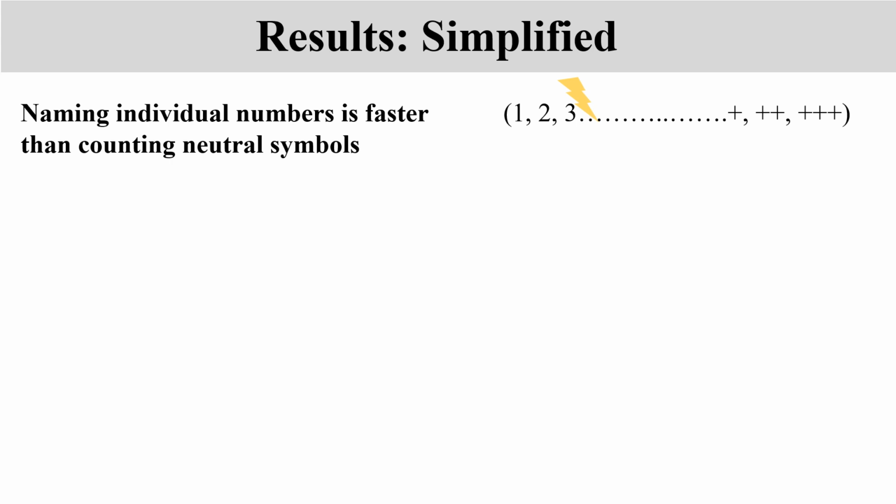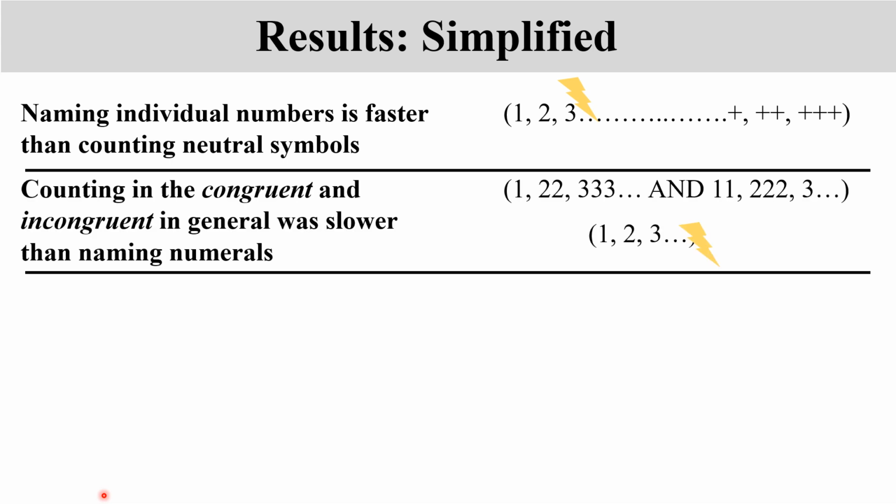So the results: they found that naming individual numbers is faster than counting neutral symbols. That's kind of obvious, right? To read 1, 2, 3 is faster than counting signs. Counting in the congruent and incongruent conditions in general was slower than naming numerals.